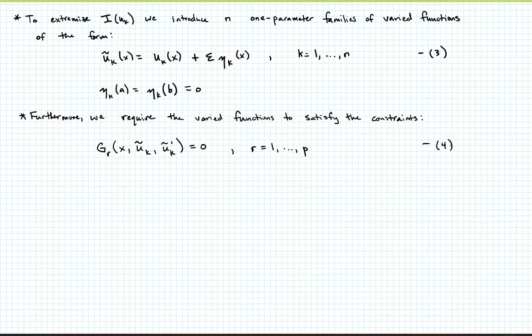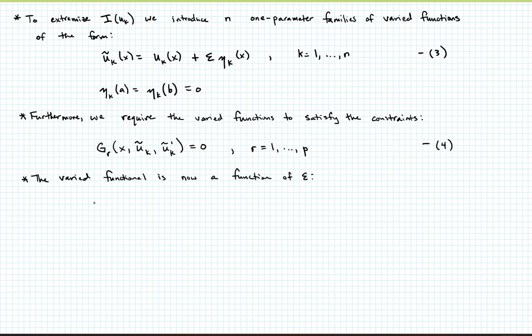This proceeds exactly like we did when we developed the Lagrange multiplier approach for extremizing functionals. What we've basically done is create a varied functional that is really just a function of epsilon.